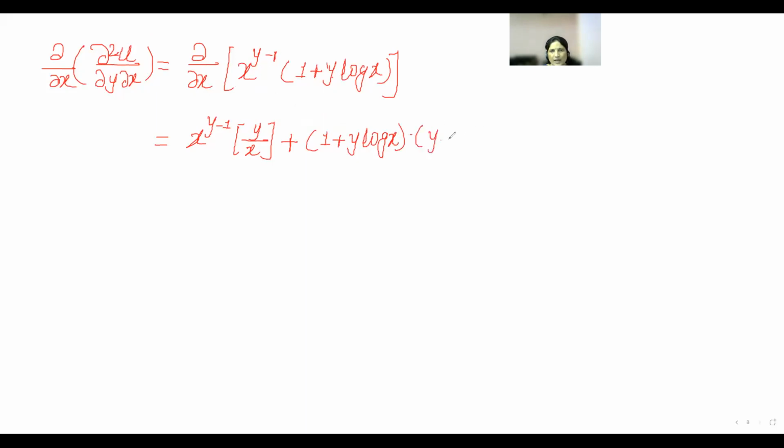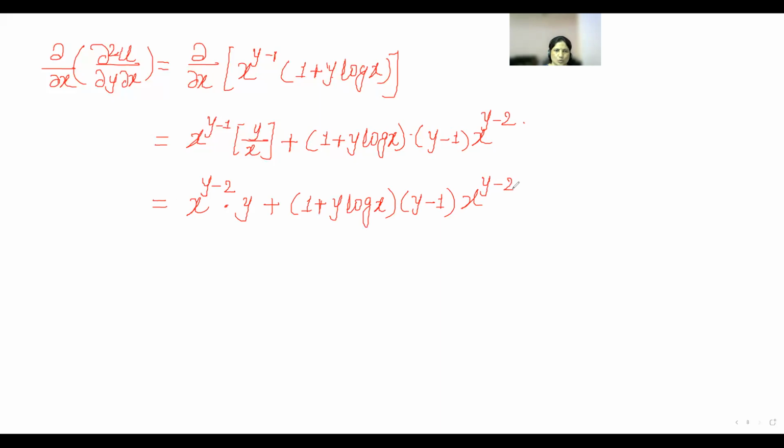So it is y minus 1 into x raised to y minus 2, which is equal to x raised to y minus 1 divided by x. It is y minus 2 into y plus 1 plus y log x into y minus 1 into x raised to y minus 2.